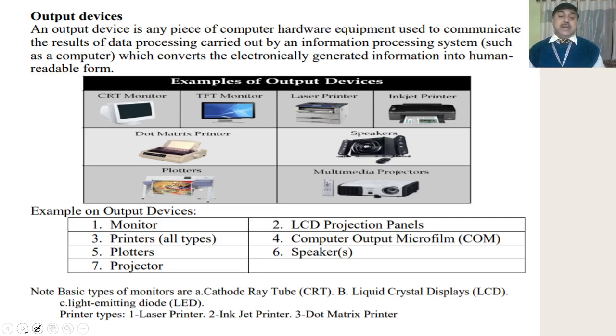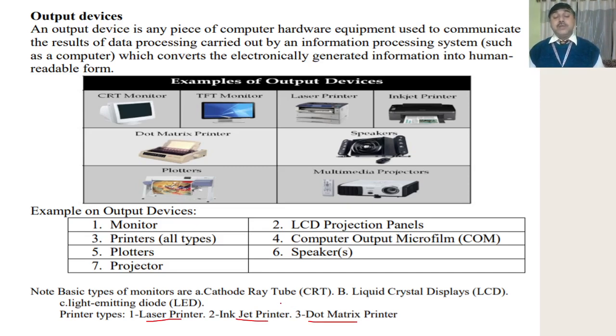All these work as output devices. We have cathode ray tube, liquid crystal display, LCD, and LED, light emitting diode. There are also printers like laser printer, inkjet printer, and dot matrix printer. So many patterns of printers are there, and all these printers are output units.